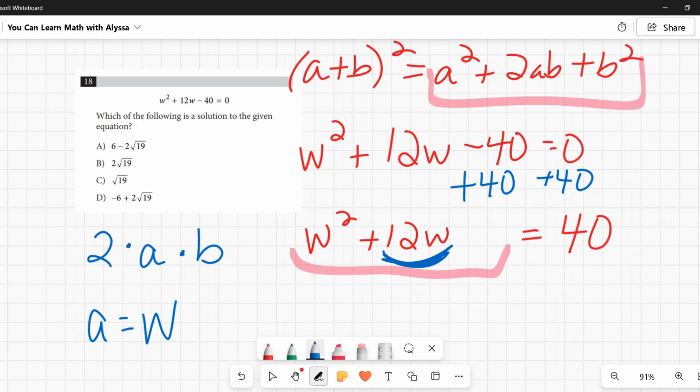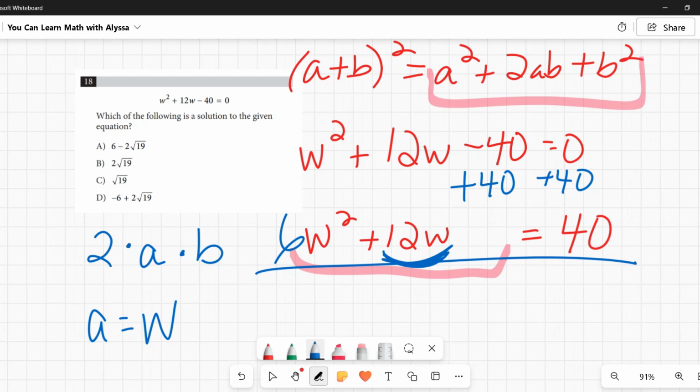A side note, which doesn't apply in this case, but if they're asking you to complete the square, you need to know this if you're going to use it in the future. If you ever have a coefficient in front of this first square, it's going to be an x squared, a w squared, a variable squared. If there is ever any number in front of this, I don't care what the number is, you have to divide everything by that number to get rid of it before you can do this step that I'm doing.